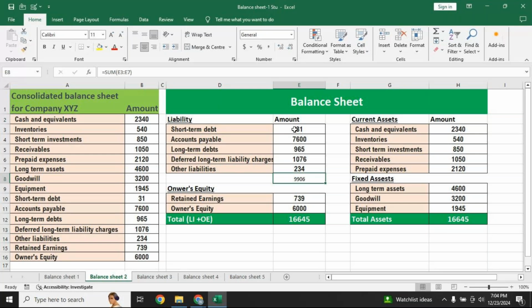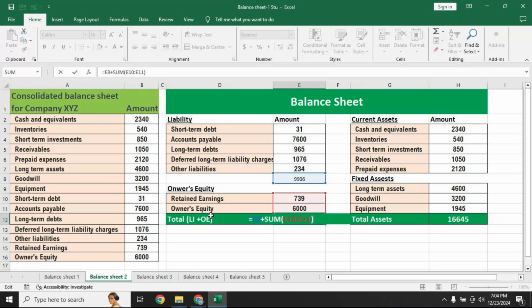This one is the total of liabilities. So here I have put it like this: I have taken the total of liabilities plus owner's equity. So on both sides it will be 16,645, the answer.